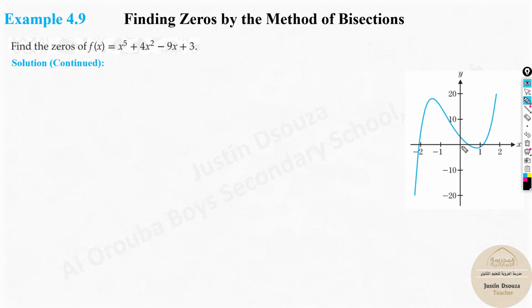Okay, let's consider this easy point, 0 and 1. Now look closely. When x is 0, what is the y value? It might be 2 or 3. When x is 1, what is the y value? It might be like minus 0.5 or something, okay? Minus 1.5, sorry.